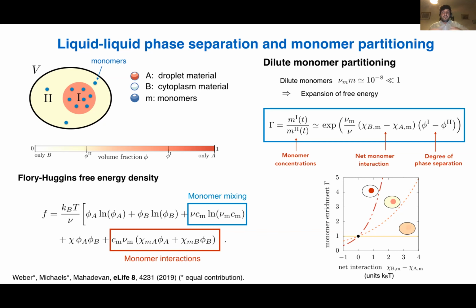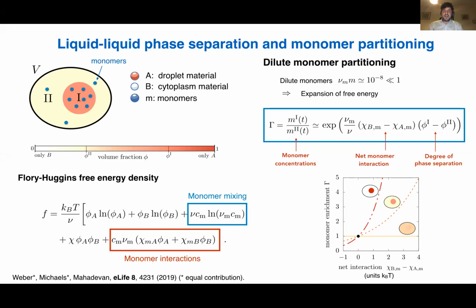By equating the chemical potentials to find the equilibrium phase separation, what you find is that the monomers are not going to impact the phase separation of A and B, which phase separate as if the monomers weren't there. But the monomers are slave to the phase separation of A and B, and they will partition differently inside and outside, depending on their relative interaction with the inside and the outside.